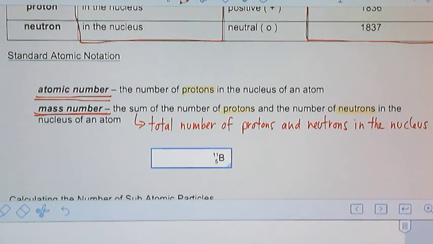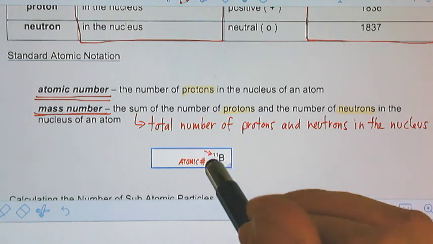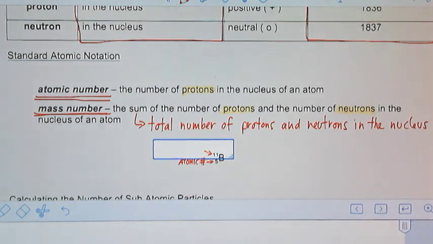So the smaller number here, number 5, is the atomic number. And the larger number is the mass number. So you can remember that the bigger number or the heavier number is the mass number.